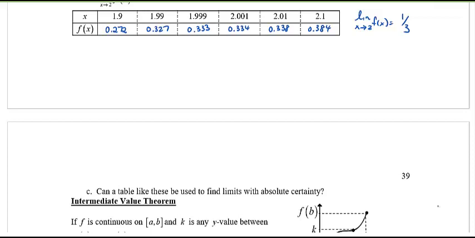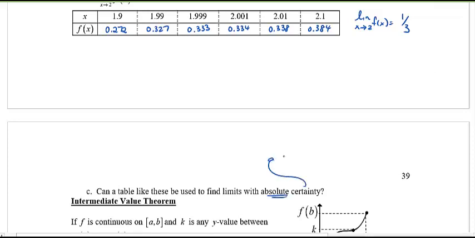This is a good way of trying to estimate and figure things out, but there could be some hidden behavior at that value, and we looked at a graph like that before where it was oscillating back and forth perhaps at the limit. So we can't know for sure that this is the actual limit, but we can get a good approximation.